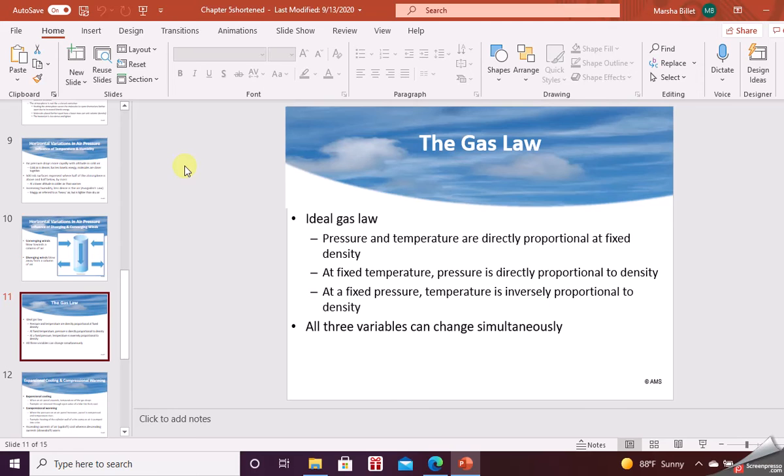The density will be higher when the air is colder. So in very cold air masses, all the molecules are tightly packed. You're going to have much higher density. So if the density is higher, that relates to the pressure and temperature, depending on how they change. If the density is held constant, then if you know the temperature, you can know the pressure. So all these variables are related.